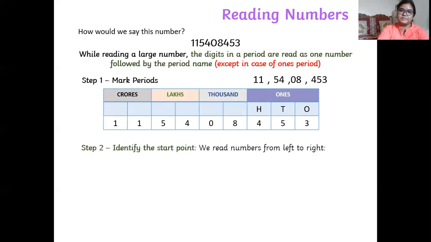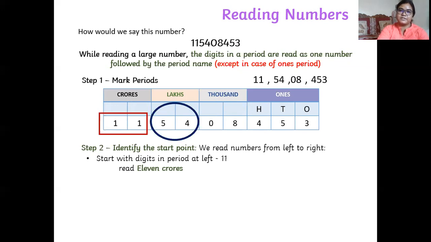Now, how to read? The starting point is crore. By placing the digits, the starting place is crores. In the crores place, the value is 11. So we'll read it as 11 crores. Next period, the value is 54. So we'll read it as 54 lakhs. Next period is thousands and the value there is 8. But thousands has two places, and the two places have to be filled up together.